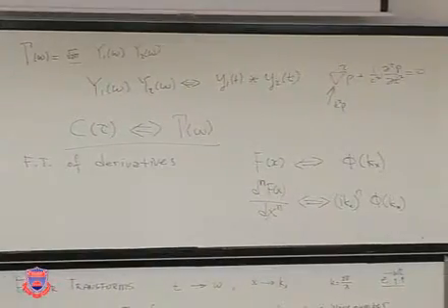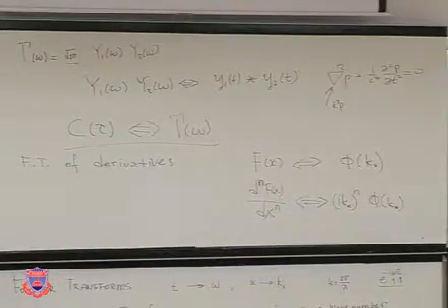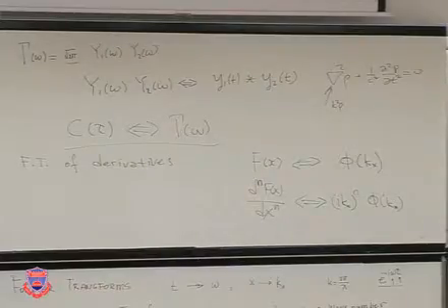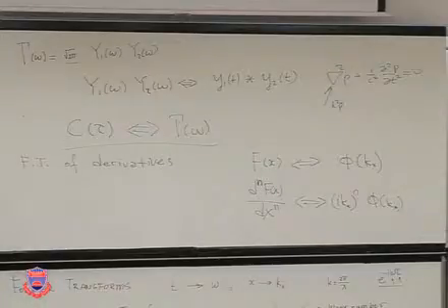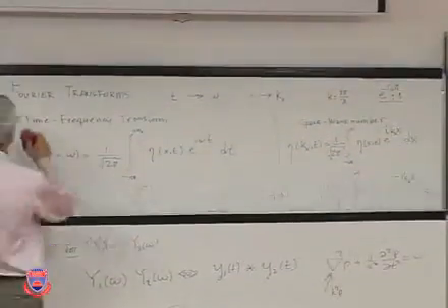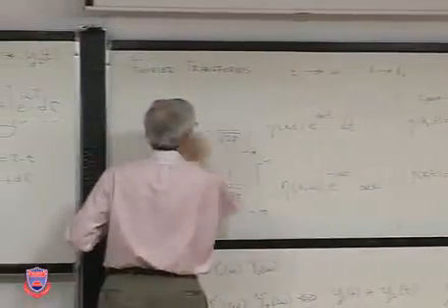The last of these is autocorrelation. How a function, and autocorrelation is another way to describe a function in signal processing. Let me write that down for a second.